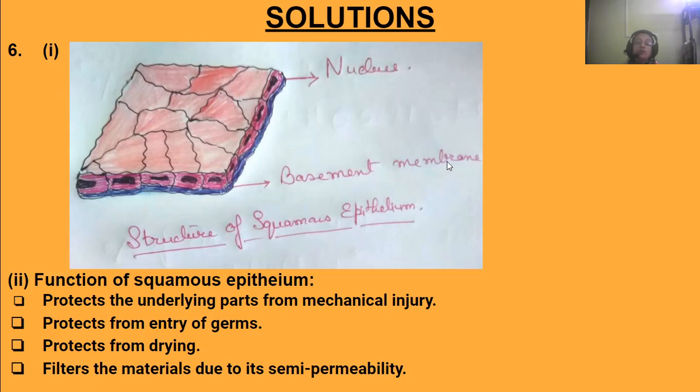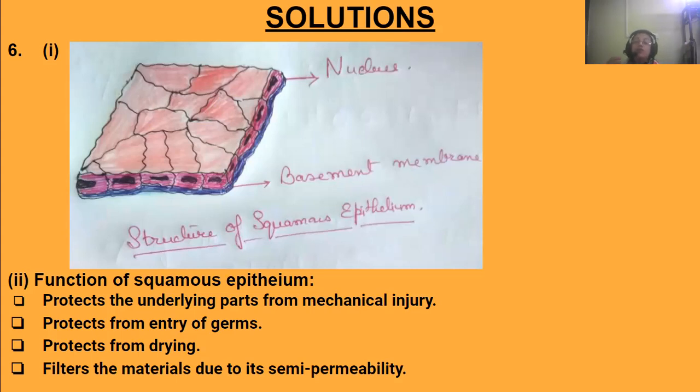Now, what is the function of the squamous epithelium? It protects the underlying parts from mechanical injury. Where the squamous epithelium is present, the underlying parts are protected from any mechanical injury. They restrict the entry of germs, and also protect the underlying cells from drying.